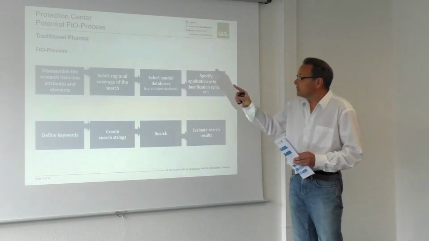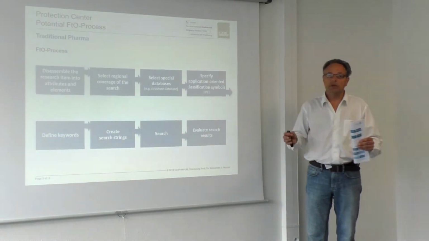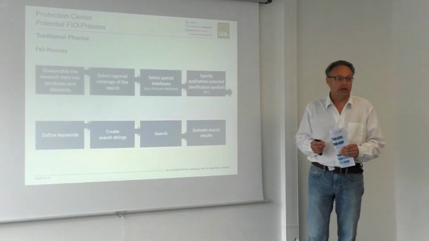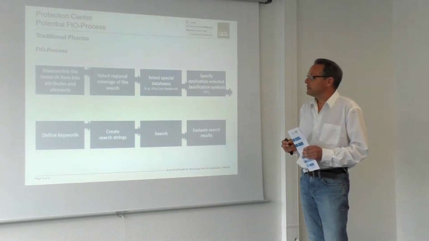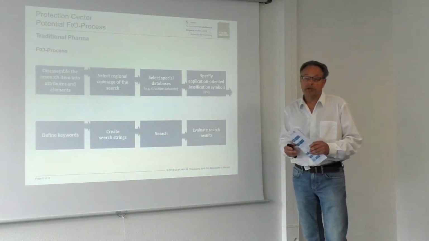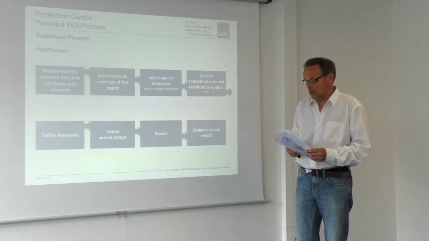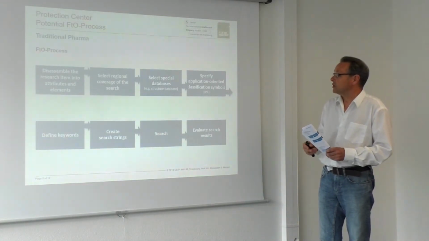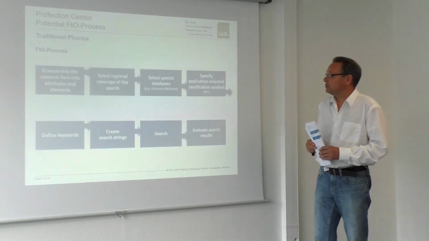And then we go to the regional coverage of the search, which means we diminish the scope of our inquiry. We don't look at countries where there is no issue with our products, and we won't sell them. We select special databases, which may be the databases of the German Patent Office, EPO, WIPO, or SDN, special databases where we can look at structures or attributes and elements of chemical products.